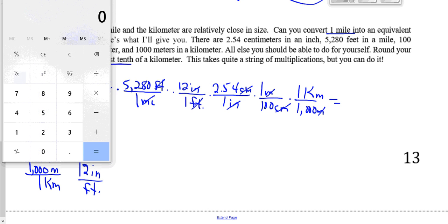Everything on top I multiply. Do I have to worry about the ones? As a technical matter, sure, but it's not going to change anything. And on the bottom, I divide.